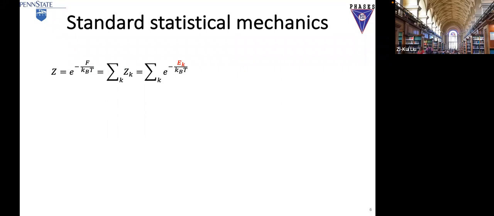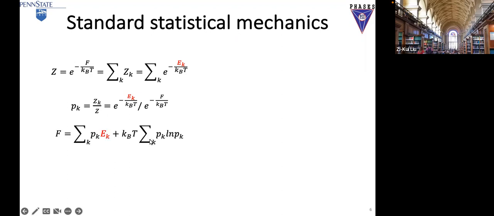If you continue, let's calculate the probability of different states. That will be Z_K over Z. So then you see that it will be the exponential of (F minus E_K) divided by k_B T. And you can calculate the total F as the weighted sum of E_K, the total energy of each microstate, plus the probability P_K log P_K for different microstates.